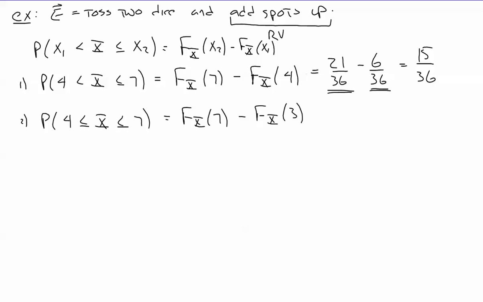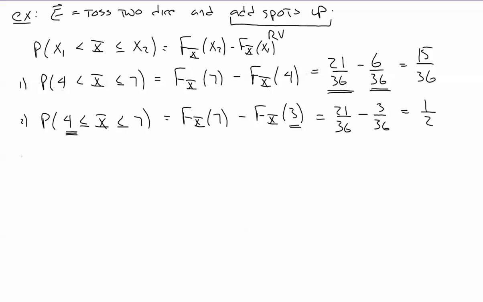In this particular case, we're including the endpoint where the random variable assignment equals 4, and we're excluding everything else, that would be 3 and lower. This works out to be 21/36 minus 3/36, or that works out to be a half.